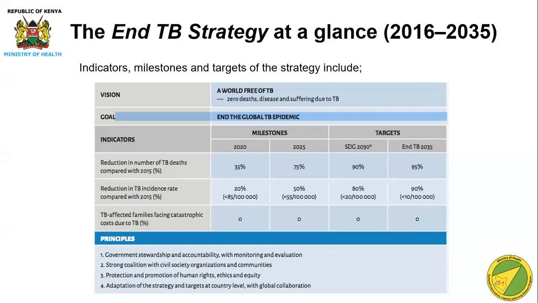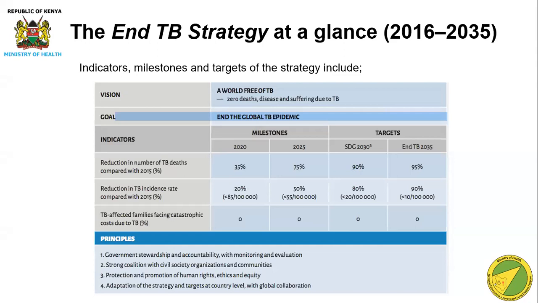So there should be no cost relating, whether direct or indirect, to TB care. All the costs should be taken up by maybe the government or the partners, mostly. So reduction in incidence rate compared with 2015 is as indicated also.